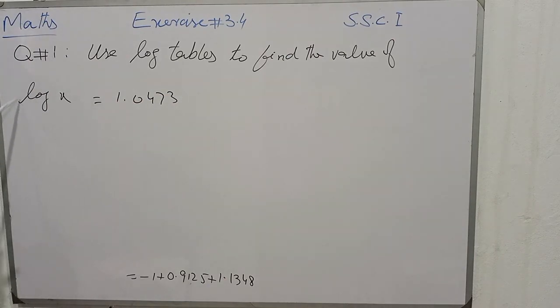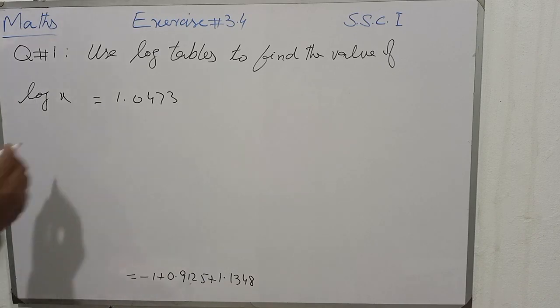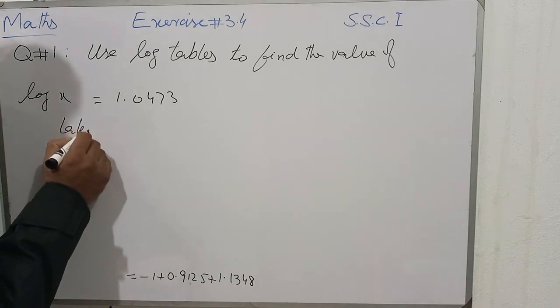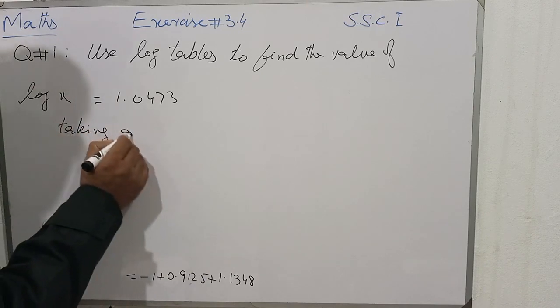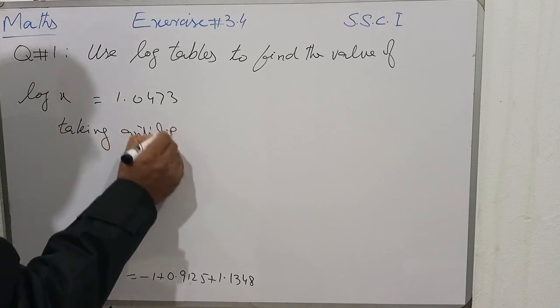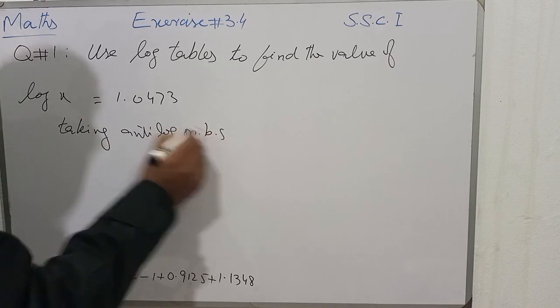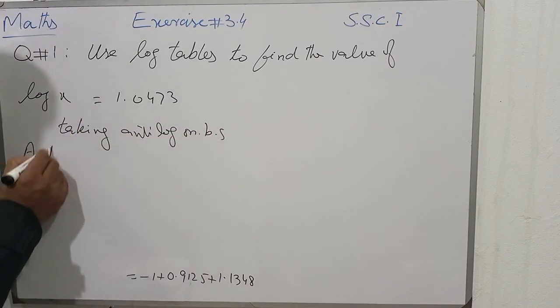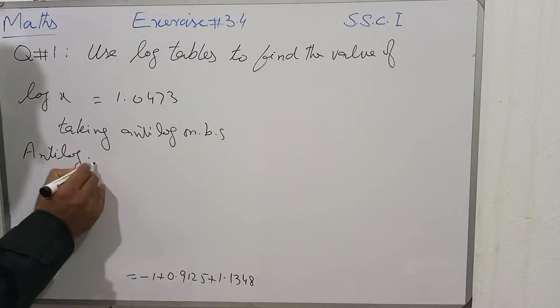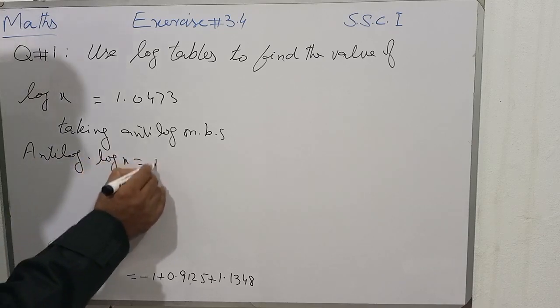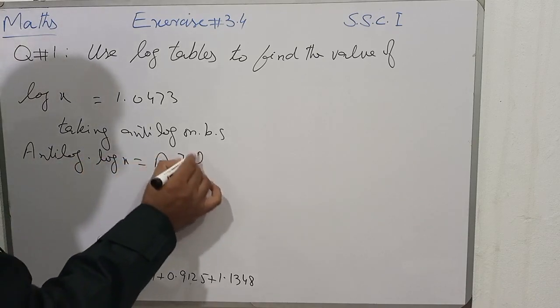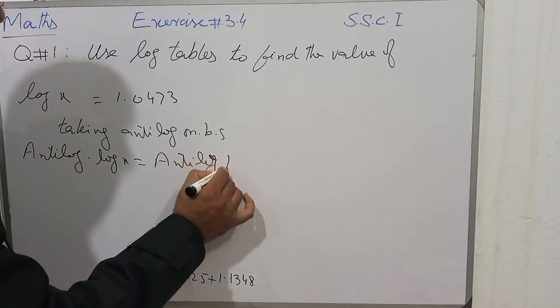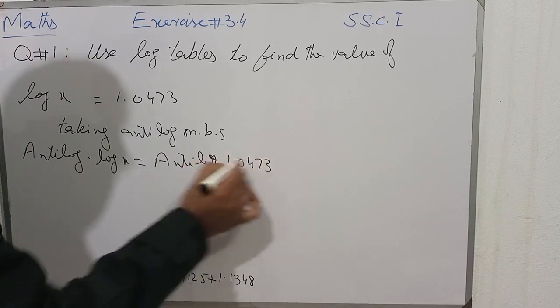That's why we will take anti-log on both sides to cancel this log, and here I will write: taking anti-log on both sides. We will have anti-log of log x is equal to anti-log 1.0473.